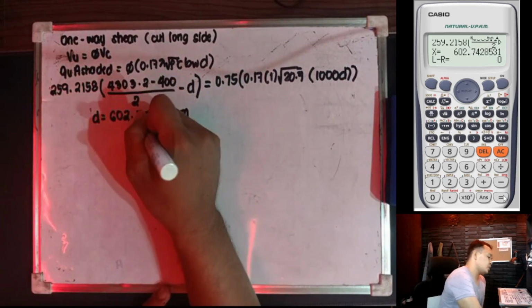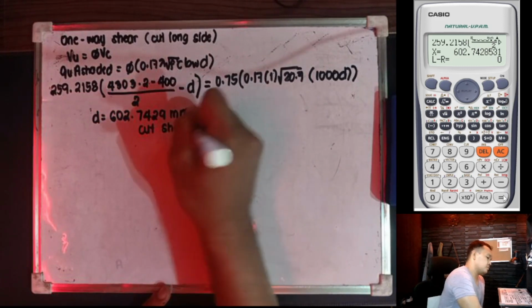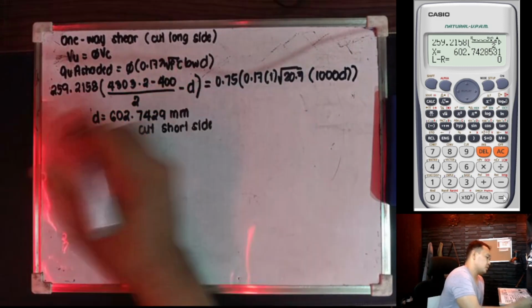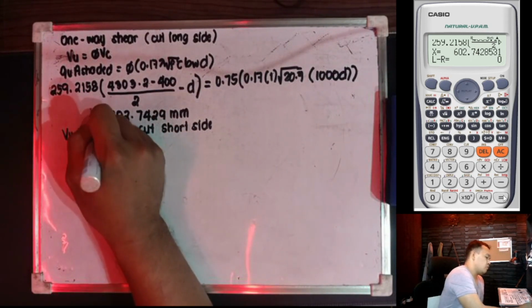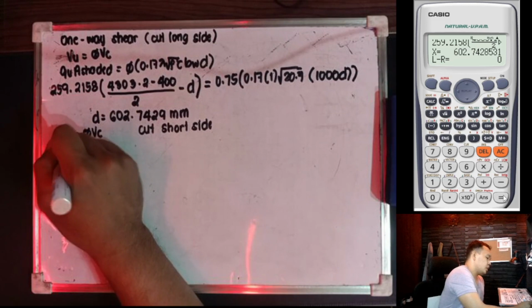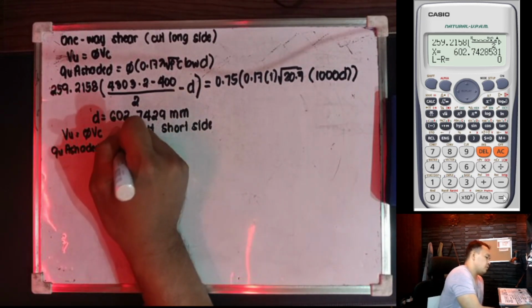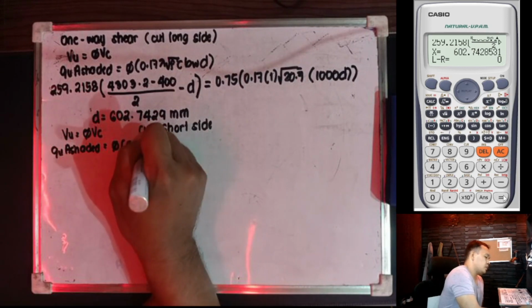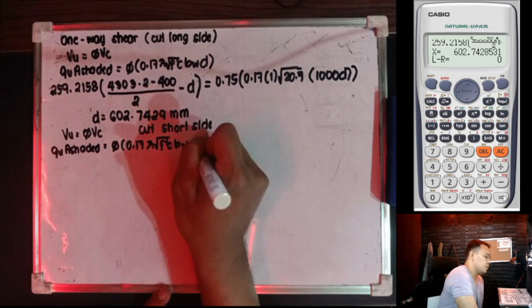So this is along the long side. Now, if we cut along the short side, we have your formula again, VU is equivalent to VC. So QU, area shaded, is equivalent to phi multiplied by 0.17 lambda the square root of F prime C BWD.